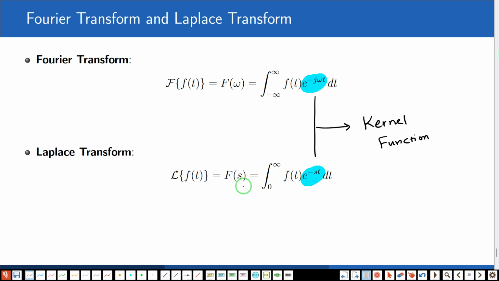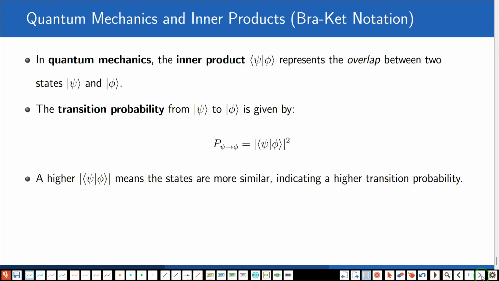For wavelets, for the Hilbert transform, for so many other transforms in mathematics, it's the same. We calculate the similarity, and that's the inner product, but it is the continuous version of the inner product. And also in quantum mechanics, we have the inner product.